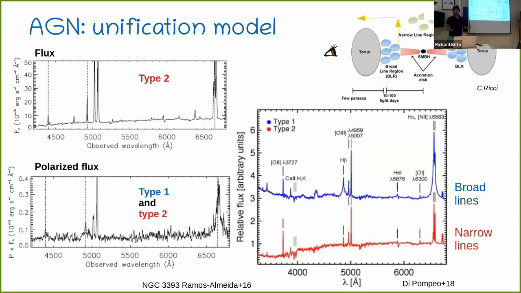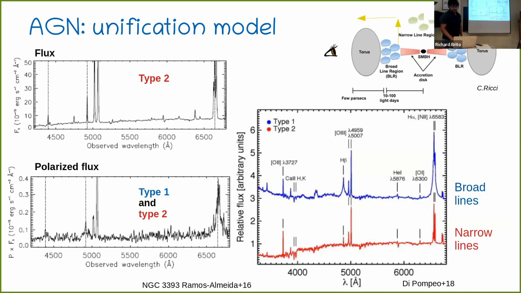That's why polarization can be extremely powerful. All these photons at the different wavelengths get polarized, and even if it gets mixed up with light that comes from here, you still get a percentage polarization. The degree of polarization tells you what percentage of the light is polarized. And so now we know that these two types come from the same AGN.